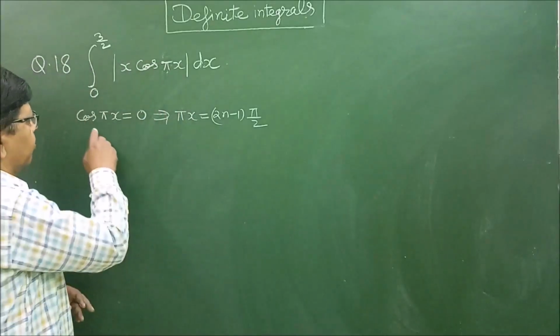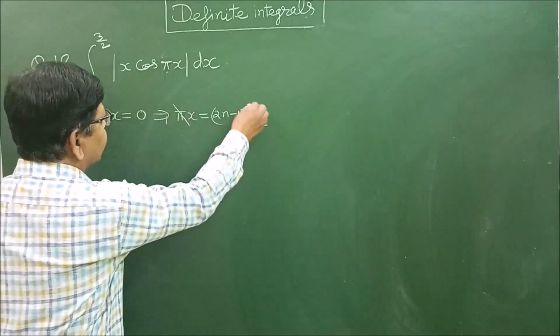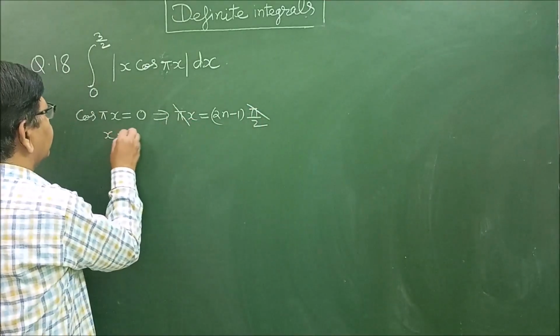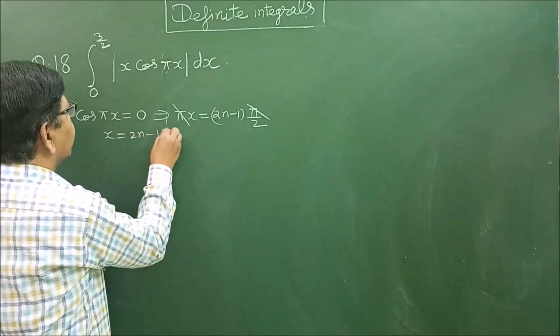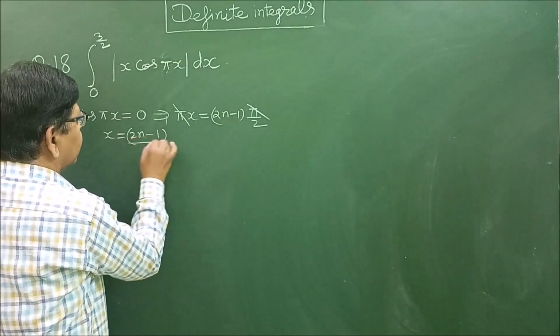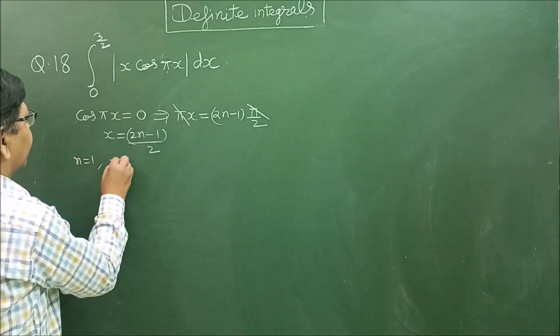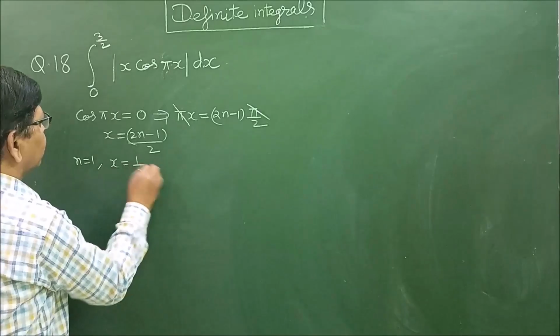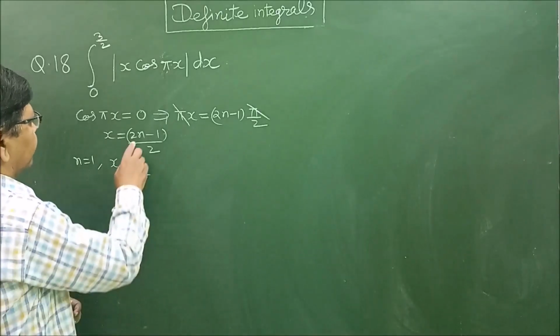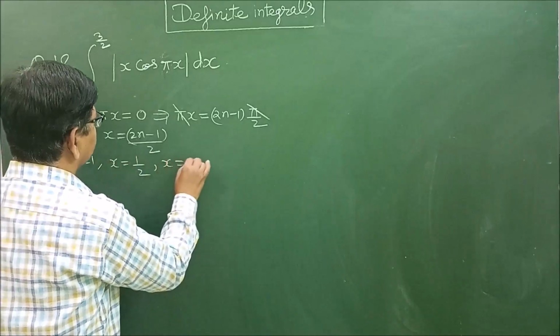So finding the points where cos pi x is equal to 0, pi and pi cancel here, so x is equal to (2n minus 1) by 2. Now if I put n equal to 1 here, then x is equal to 1 by 2. And when I put n equal to 2, then x is equal to 3 by 2.